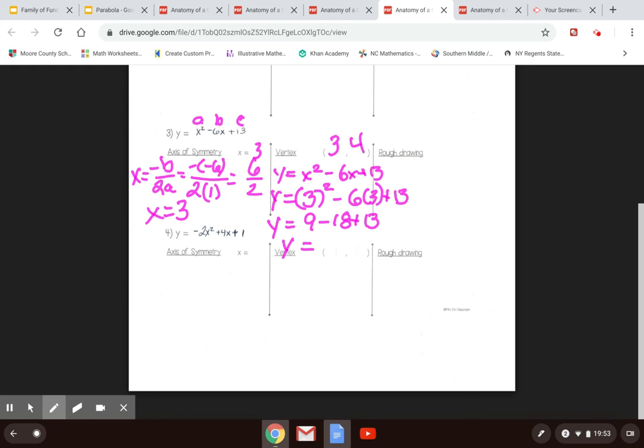So 4 is your answer. 9 minus 18 is a negative 9 plus 13 gives me a positive 4.